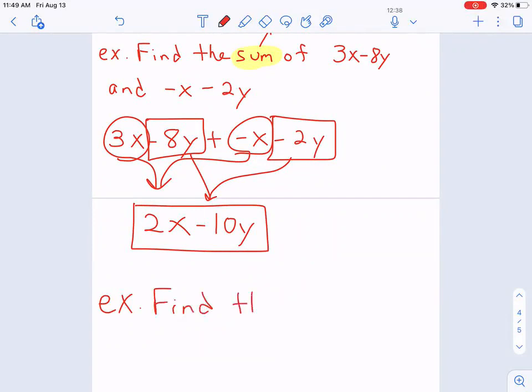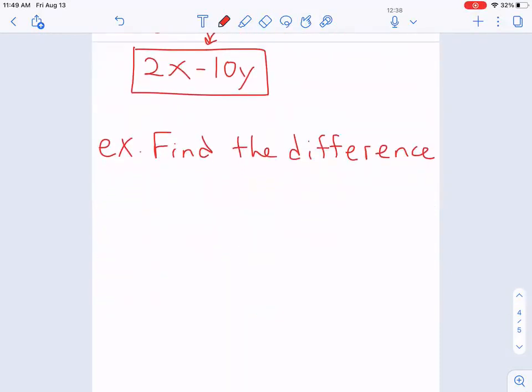So find the difference of, and I'll write down two terms. 6x plus y and negative x plus 4y.